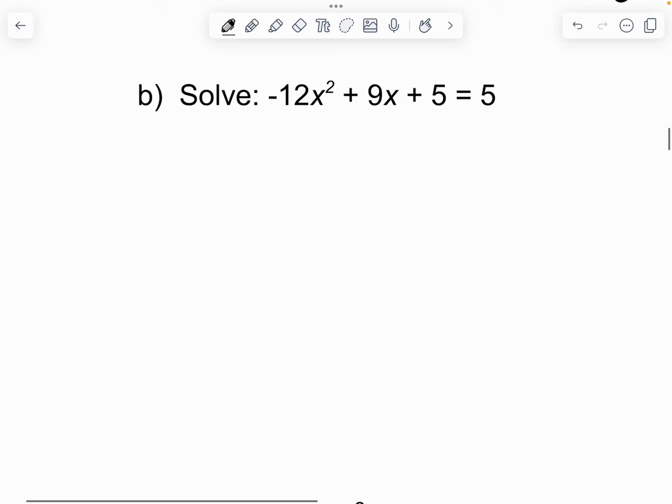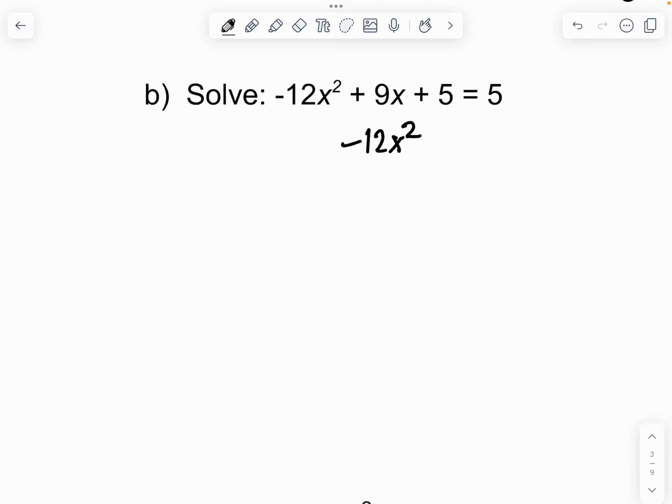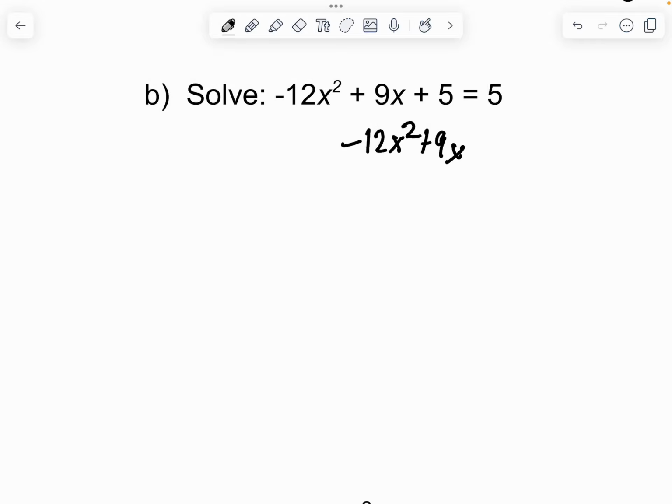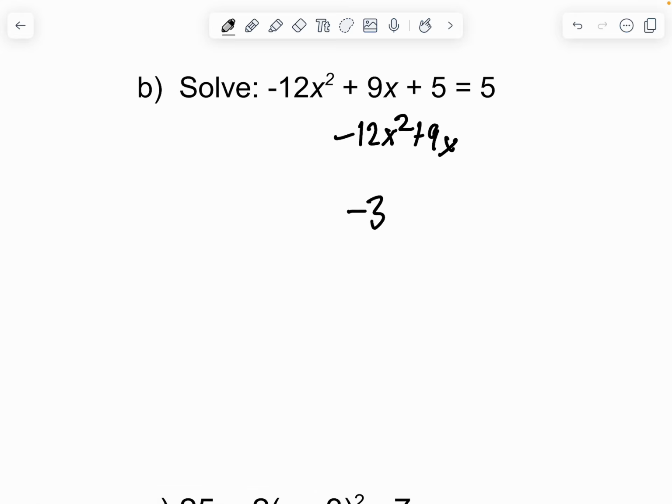Alright, now this one, you can subtract 5 right away. That's going to be what after subtracting 5. And we're going to factor by a negative 3x. So we're going to pull out negative 3x.